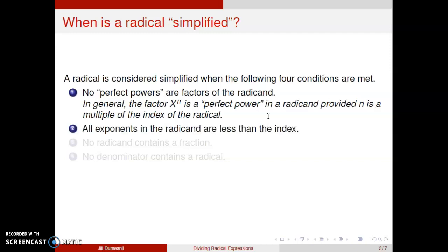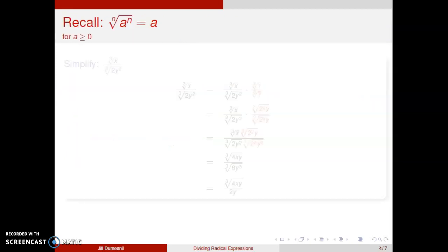All exponents in the radicand are less than the index. 3. No radicand contains a fraction. And 4. No denominator contains a radical. We will repeatedly use the fact that the nth root of a to the n equals a for non-negative a.